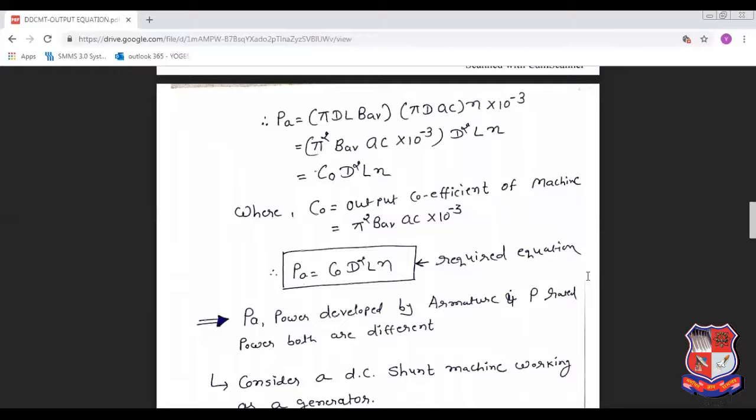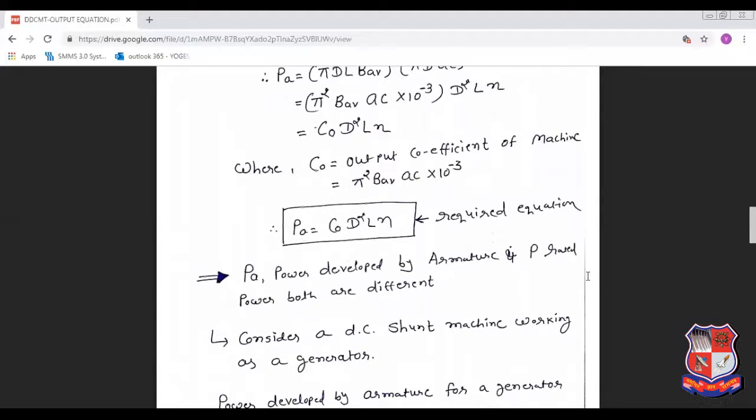Also, PA is directly proportional to the dimensions of the machine, D the armature diameter and L the axial length of the core. So PA is directly proportional to D square L. Increase the size of the machine, and the output power also increases. Similarly, PA is directly proportional to the speed, and if we increase the speed, the power developed by the armature also increases. So PA equal to C0 D square L N is the output equation of a DC machine.